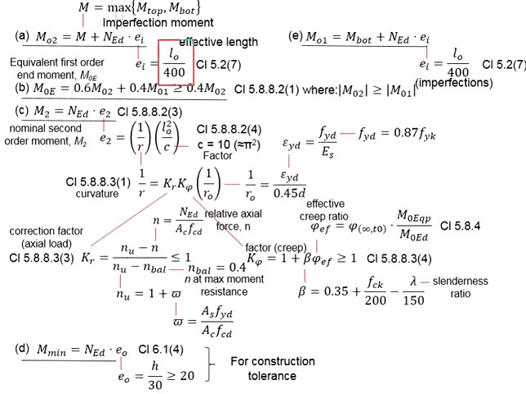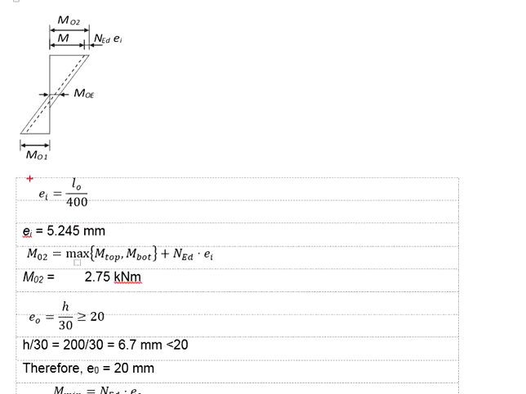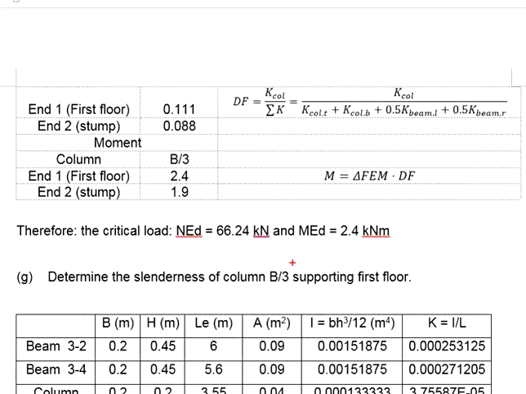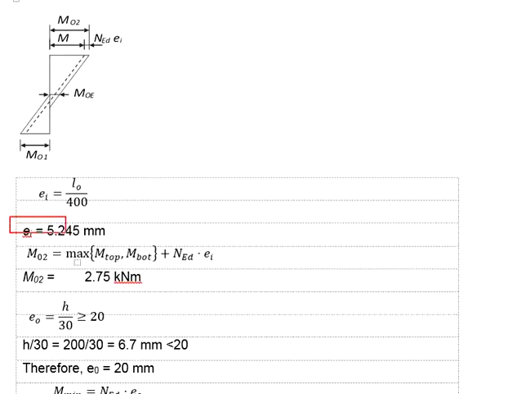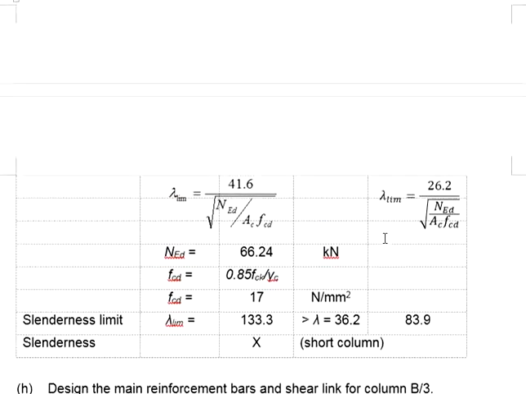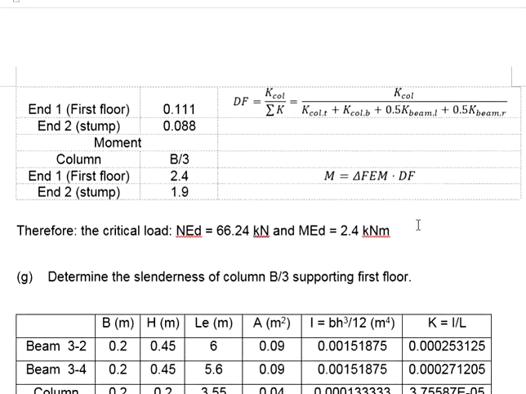Divided by 400, you get the ei. The calculated ei is equal to 5.2 mm. The axial load is 66.24 kN. Multiply with ei of 5.2 mm, plus the moment acting onto the column. We are talking about the larger moment of the two, which is 2.4.